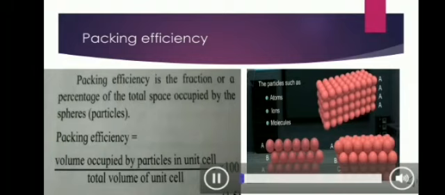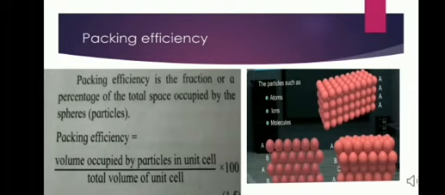In the last slide, we have studied how particles such as ions, atoms or molecules can be packed together in several different ways. In each type of packing, there is always some vacant space called voids between the constituent particles.